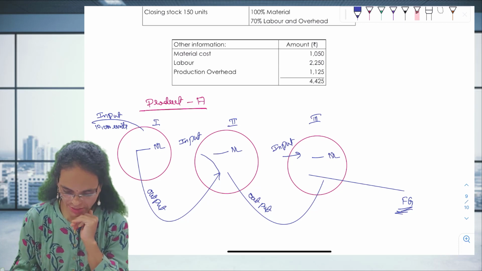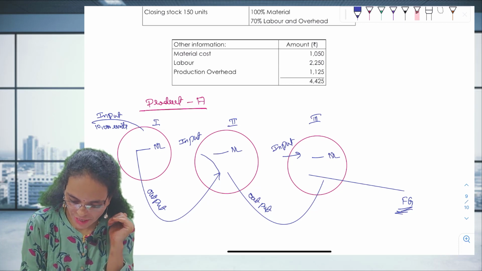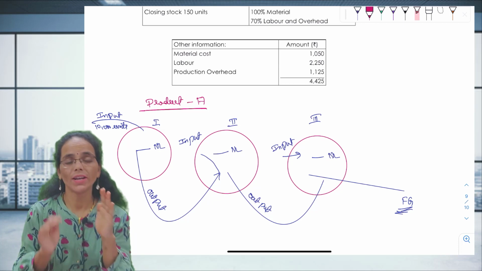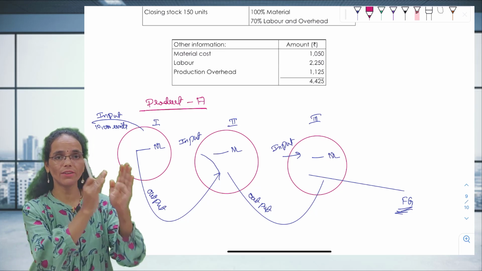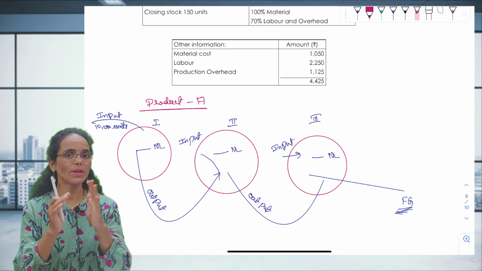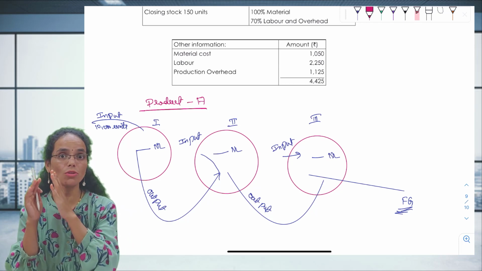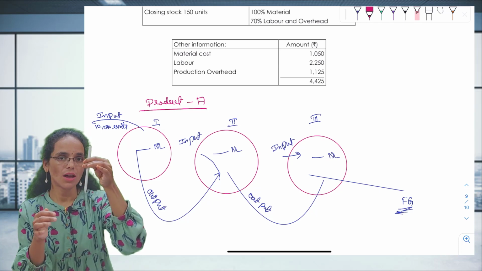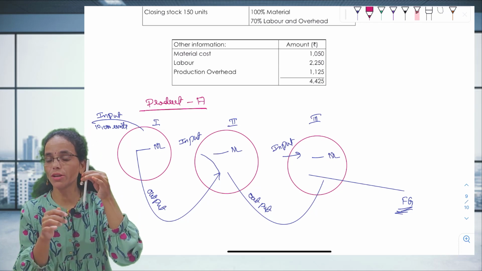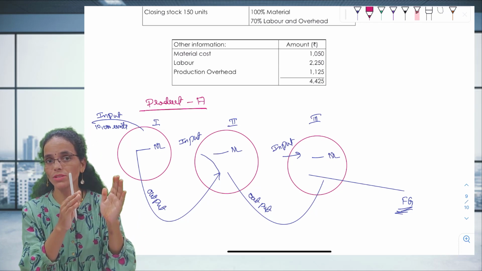Now the thing is, when I say one particular product has to undergo different processes, it means the 100% of the production is not taking place in one particular process.